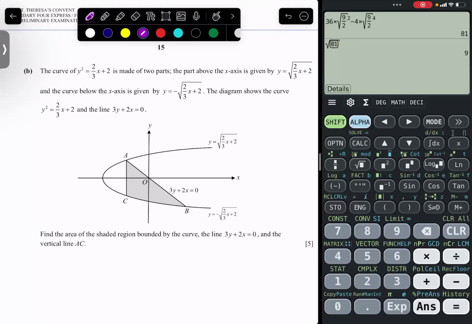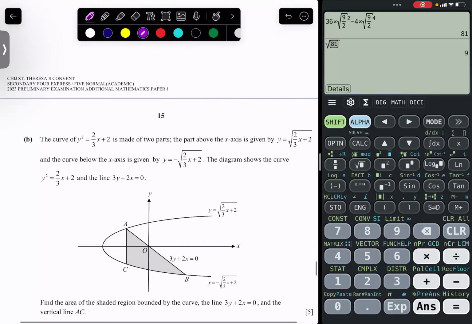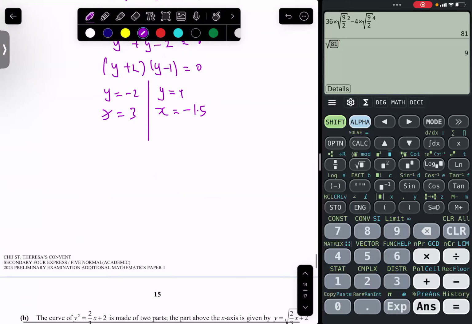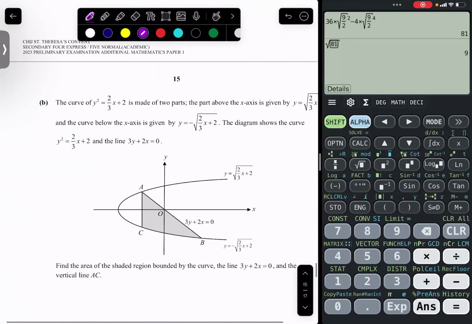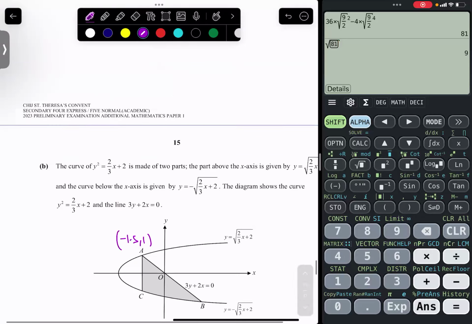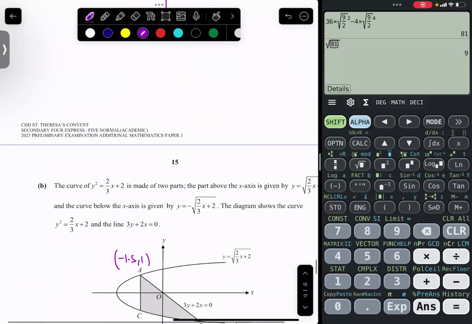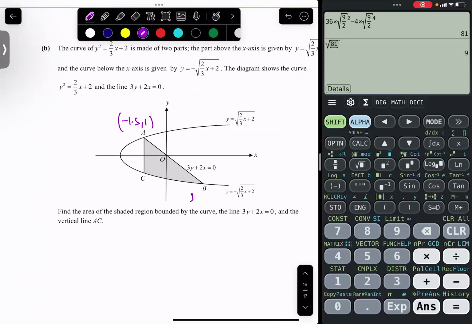The diagram shows the curve y squared equals 2 over 3 x plus 2 and the line 3y plus 2x equals 0. So that means the intersections are, this is supposed to be negative 1.5 and 1, and this is supposed to be 3 and negative 2.